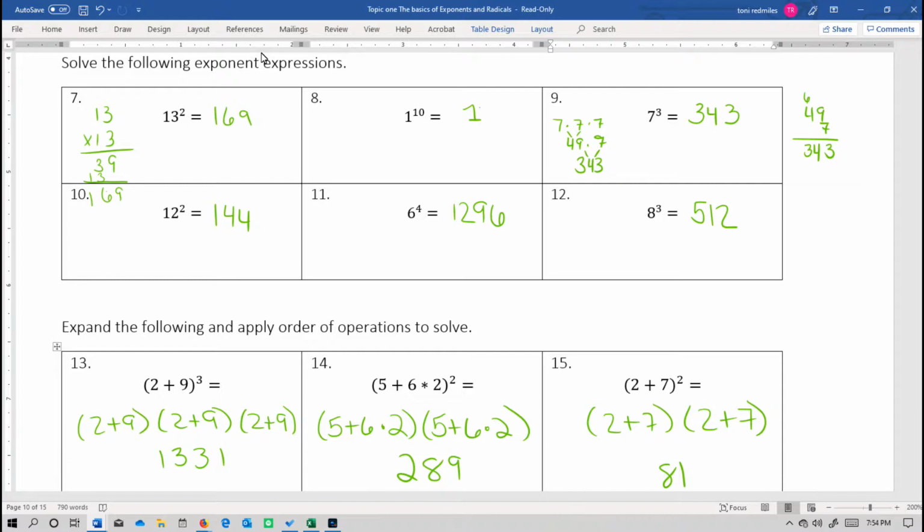All right, in this one, we're going to take 12 times 12. This is one of the ones you should have memorized. If you don't, go back to the review video where it teaches you your perfect squares. Okay? 144. You can use the trick in the review video. All right, this one is 6 times 6 times 6 times 6. So if I do these first two, they're 36, and these two, which is 36. And I'm going to take 36 times 36.